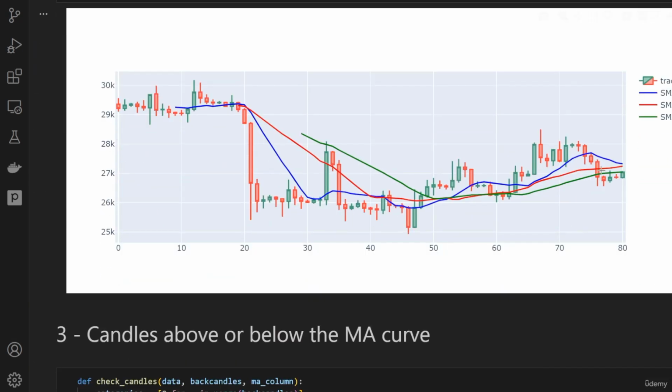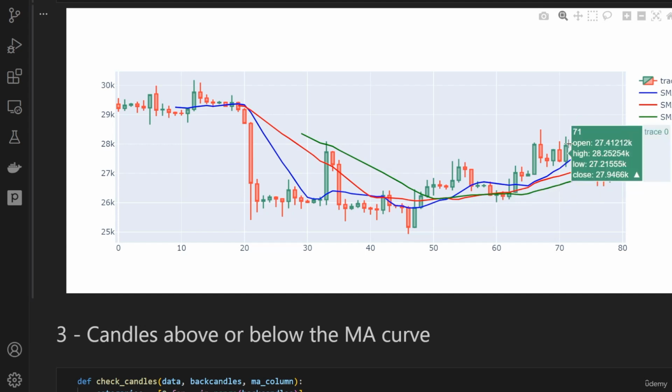Let's check. So here, all of these candles starting from I would say 62 up to 80, they have this alignment, so they are in an uptrend because the fastest moving average is above the 20, which is above the 30 length moving average. So you get the point.